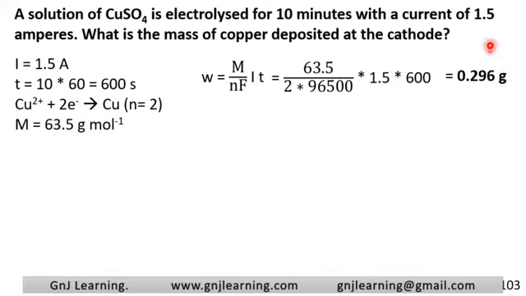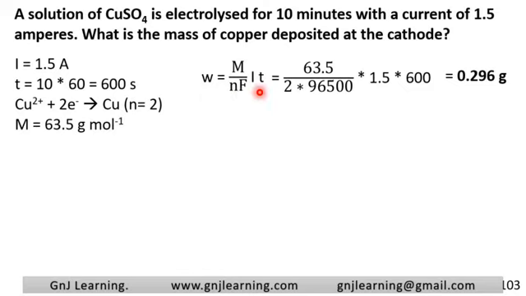So if I am passing this current for 10 minutes through the cathode, the amount of copper deposited at the cathode is equal to 0.296 gram. How did I get it? By using the formula W is equal to Z into Q.